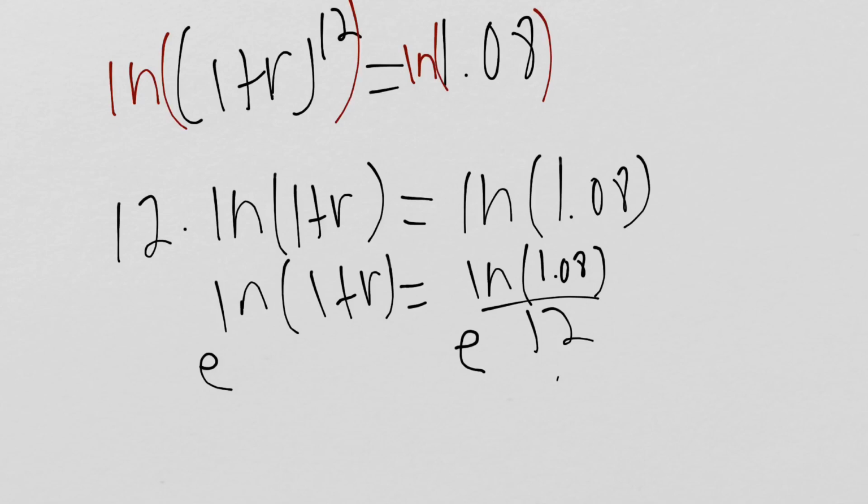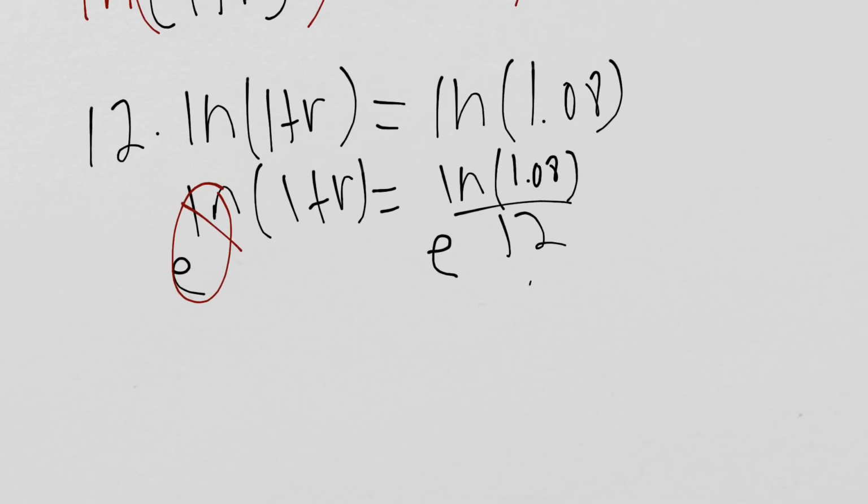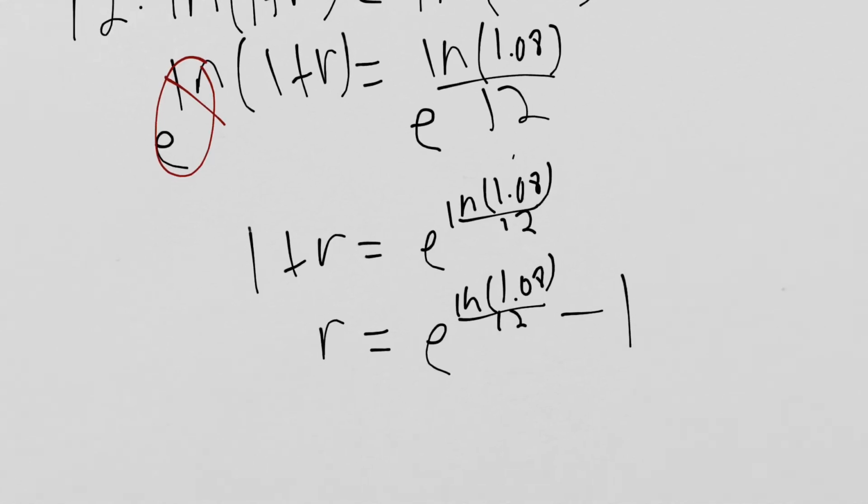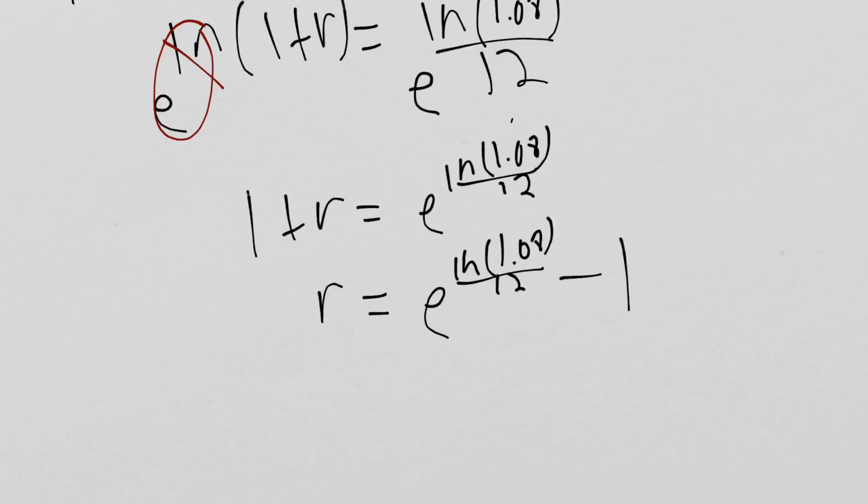So we have e to the natural log of 1 plus r equals e to the natural log of 1.08 divided by 12. Since e and natural log are inverse operations, we can just cancel this here. So now we have 1 plus r equals e raised to the natural log of 1.08 divided by 12. So then our last step here is just to subtract our 1 over. So we get r equals e to the natural log of 1.08 divided by 12, and then we have to subtract 1. So we're just going to plug this into a calculator and see what we get.